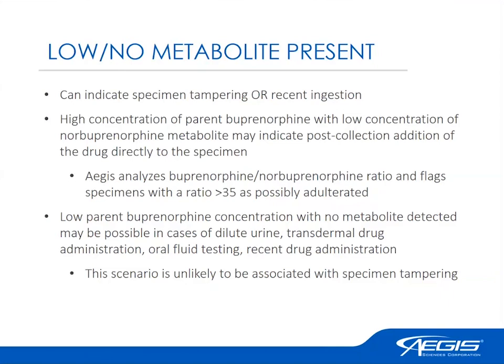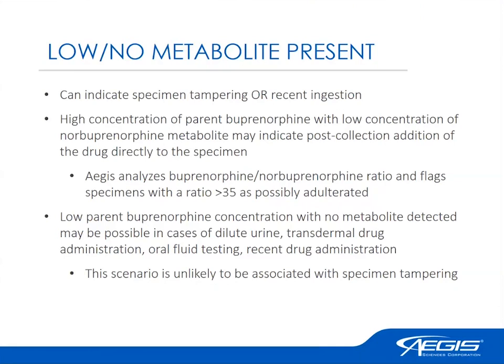Oral fluid samples may have lower drug concentrations, of course, outside of that 1 hour post-dose window that we talked about after a buccal or sublingual formulation, when patients can have that higher depot effect. And also, situations of recent drug administration may yield a low parent drug concentration with no metabolite detected, depending on the timing, if metabolite hasn't had a chance to show up in the urine or specimen just yet.